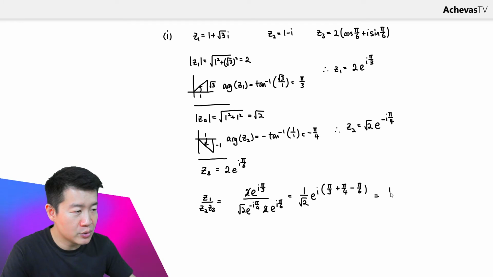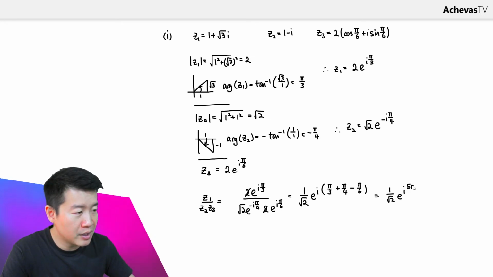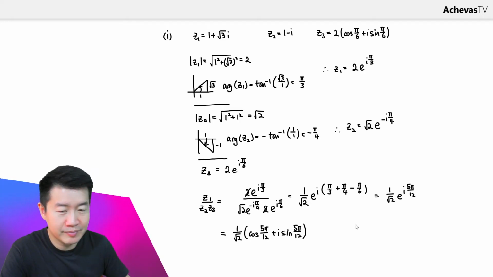And this is equal to 1 over square root of 2 e to the power of i 5 pi over 12. So rewriting this into the trigonometric form, it is 1 over square root of 2, then we have a cosine of 5 pi over 12 plus i sine of 5 pi over 12.